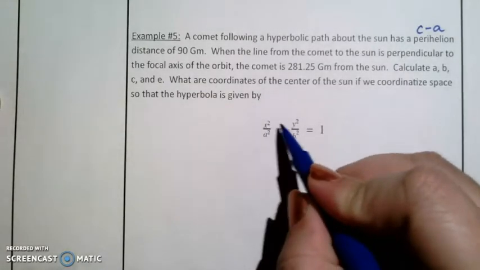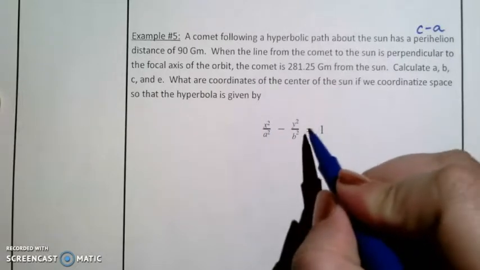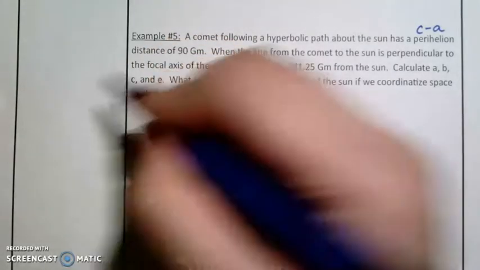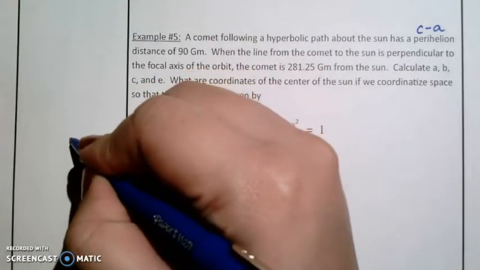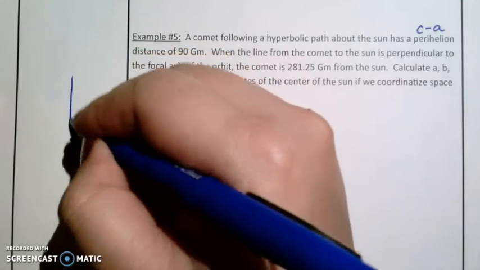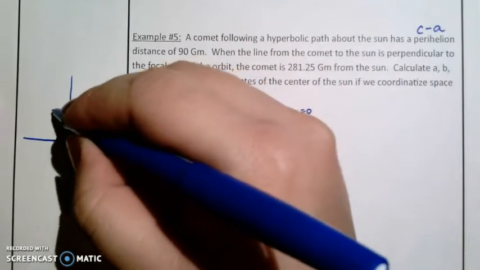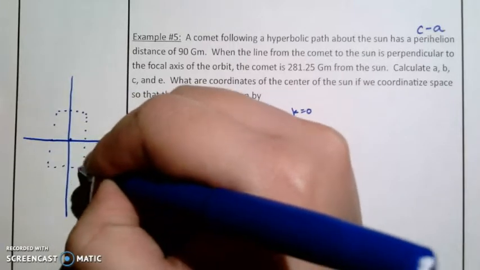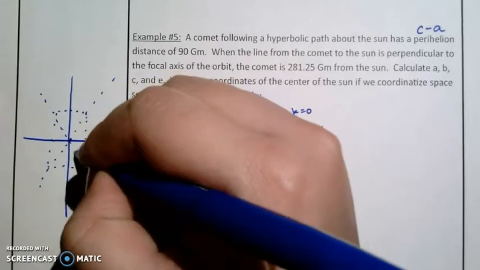First of all, we have an x squared and a y squared. x is our transverse axis, and then y will be our conjugate axis. So if I'm drawing this, it would be centered at h is 0, k is 0. So I'll center it at 0, 0, and we're not really sure of the dimensions of our box at the moment, but we'll just do this. This is the general shape of any hyperbola, right?